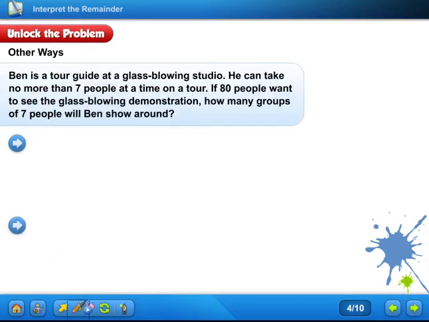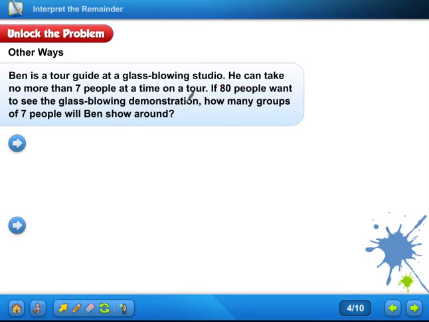Let me get my pen. Ben is a tour guide at a glass blowing studio. I was thinking I was going to say glass bottom boat. Glass blowing studio. He can take no more than 7 people at a time on a tour.